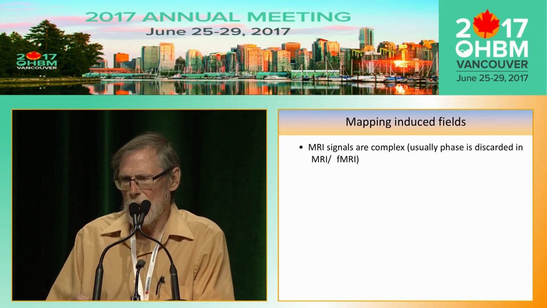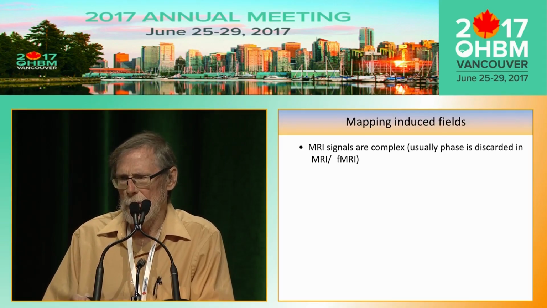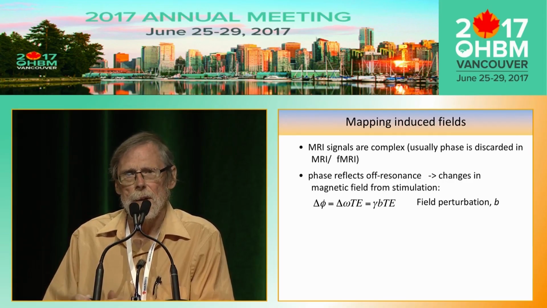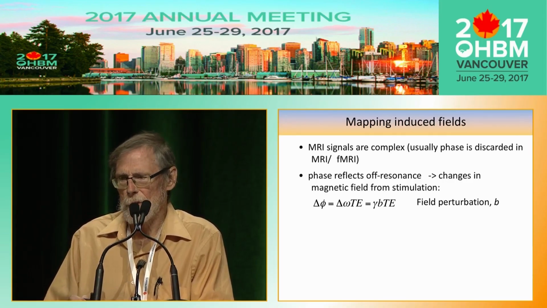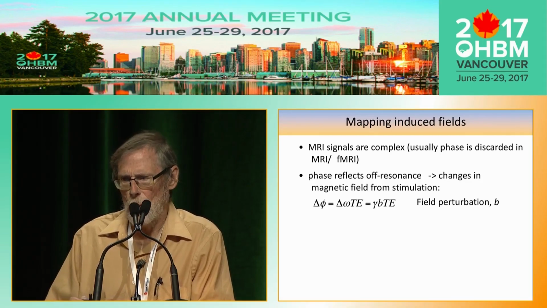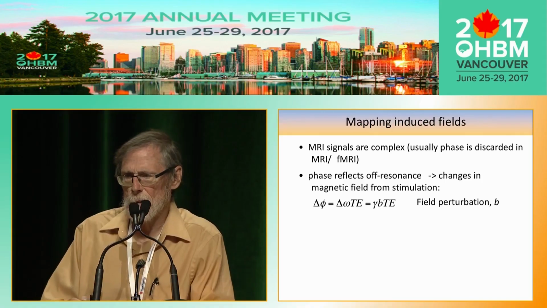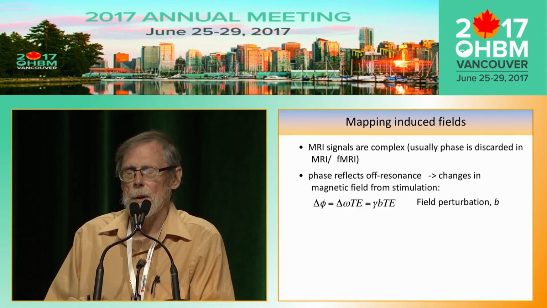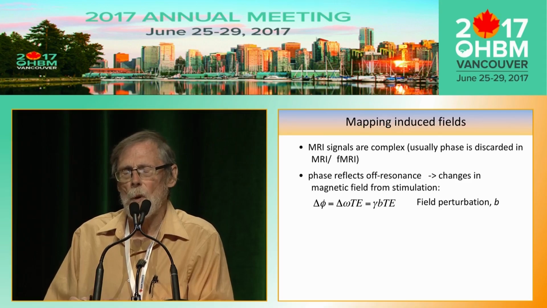But in this case, we're going to take advantage of the complexity of MR, and we note that the phase reflects an off resonance. Usually that's annoying to us, but in this case we're going to do it with and without the stimulus applied and subtract them, so the spurious phase will go away. What we're left with is a change in phase that relates to changes in the local resonance frequency of the spins.